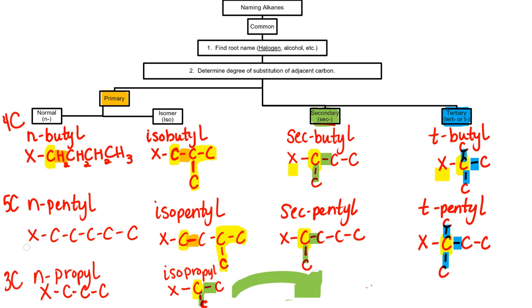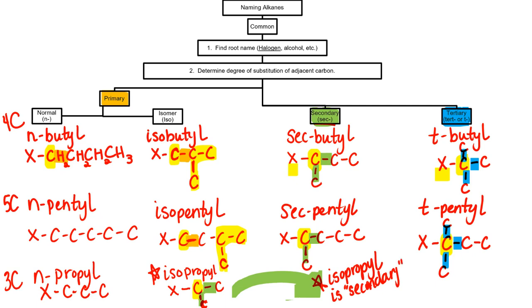So isopropyl is a special exception to the rules in that isopropyl really belongs over here because isopropyl happens to have a secondary carbon. What does that mean you should look out for?